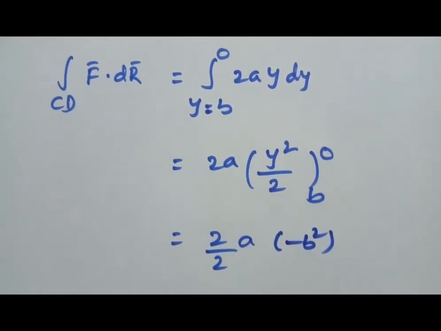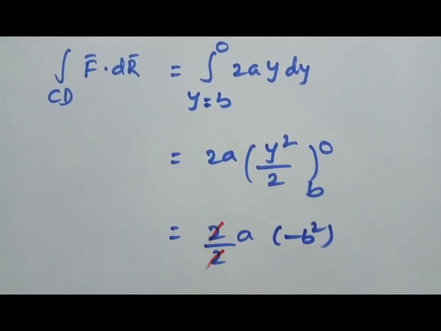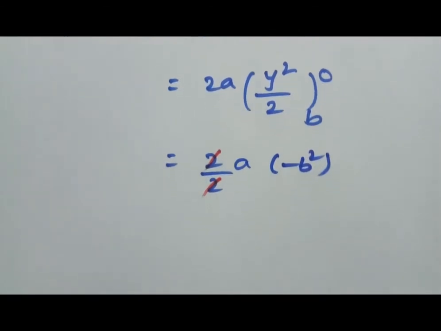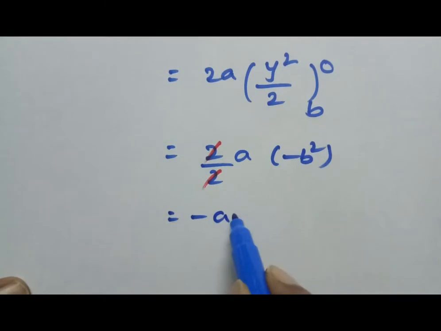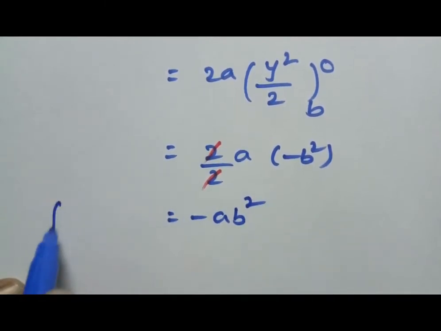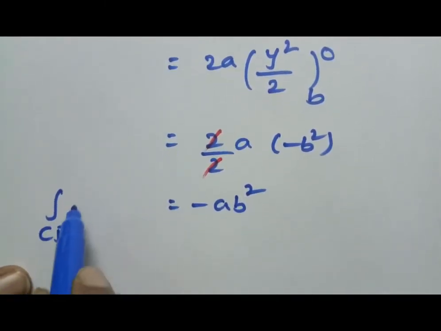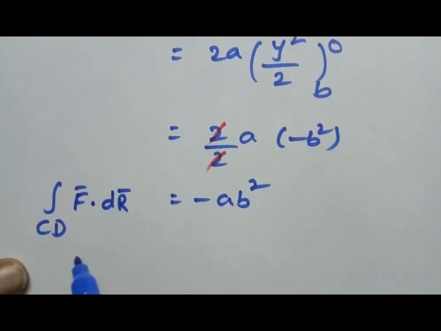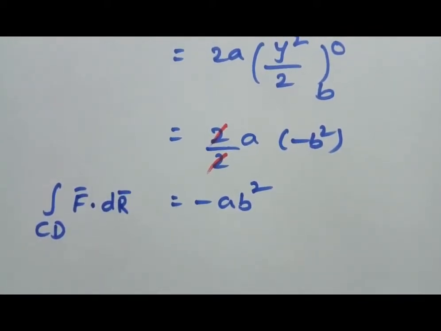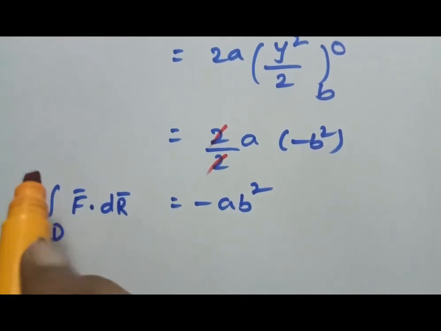Therefore, minus ab square. Integration over CD of f bar dot dr bar equal to minus ab square.